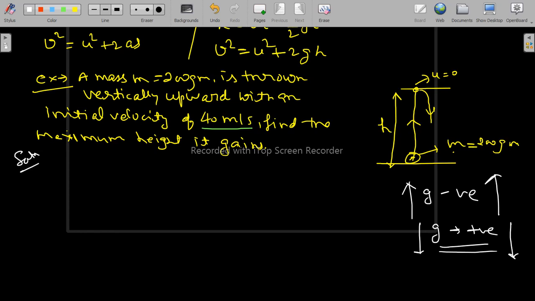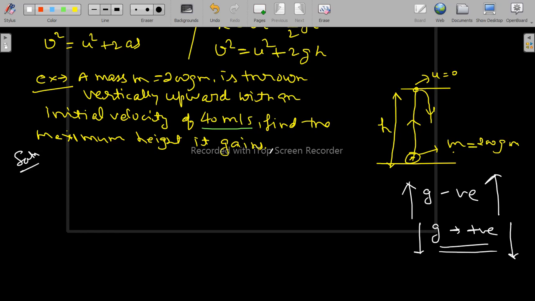Let me tell you how to do this question. Have you found something? So we use the second formula. And I am adding one more thing in this question.